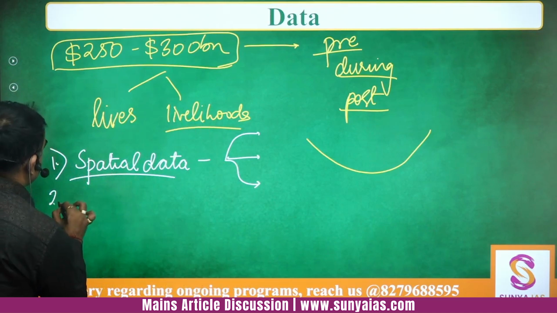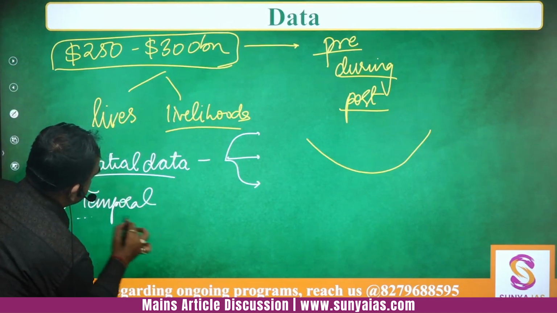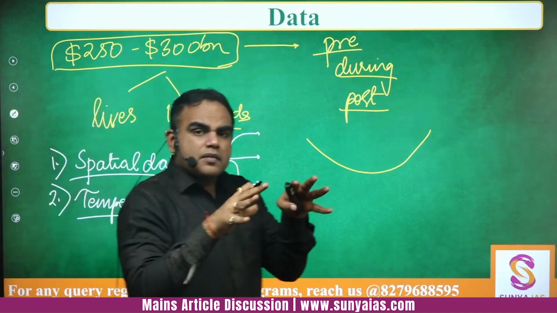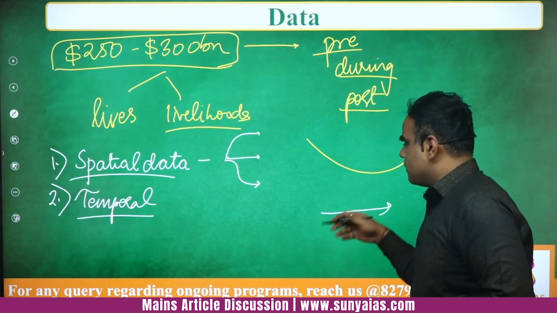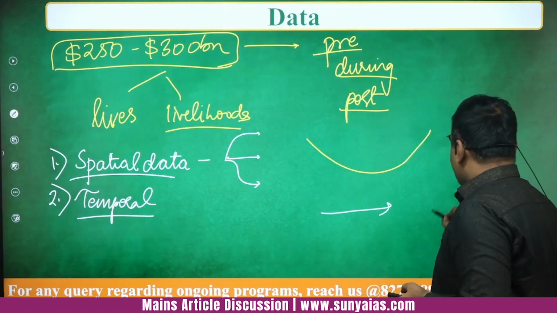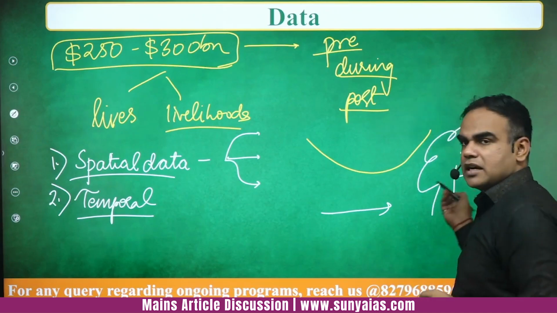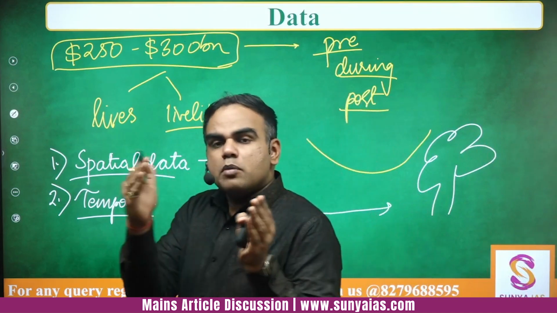I can also have temporal data. Temporal means we can observe a place over a period of time. It can be, let's say, 1 week, 2 weeks, 1 month. If you want to observe forest cover over an area, you go for temporal data, to see how much the change is month on month, year on year.